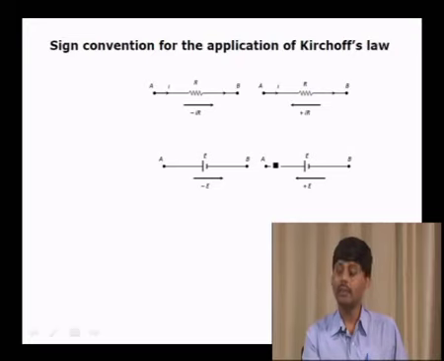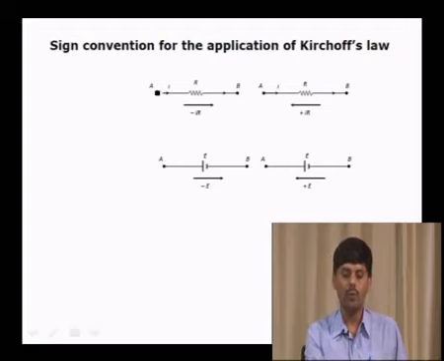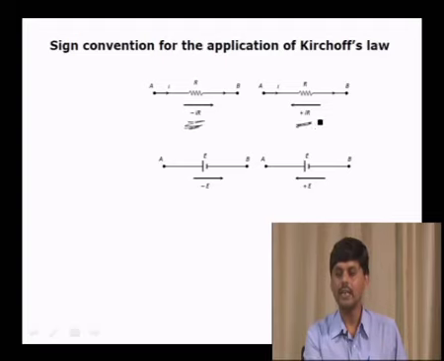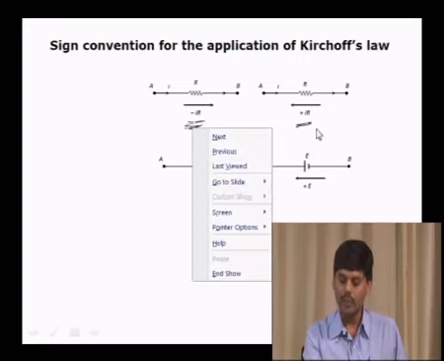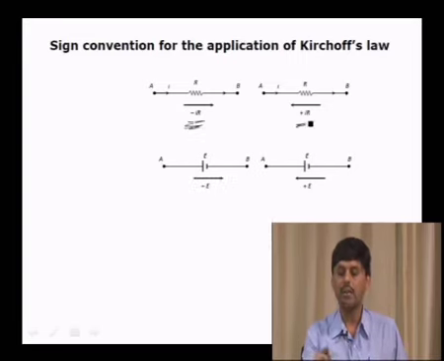Yes. Now the sign convention for taking the IR product, whether it is plus or minus. If you move from A to B in the direction of the current, we take the IR product as minus IR. Suppose you are moving from B to A, then the IR product is taken as plus IR. Means in the direction of the current we take minus, opposite to the direction of the current we take plus.